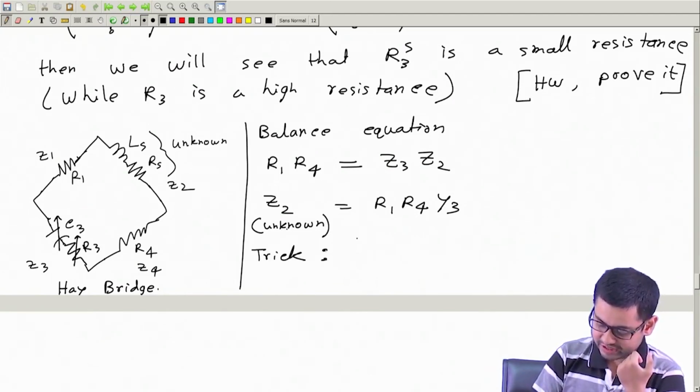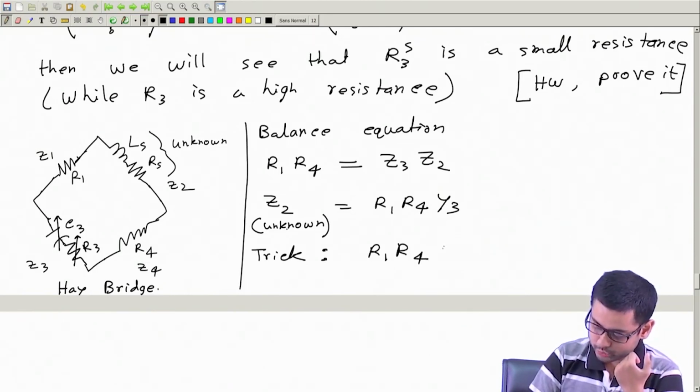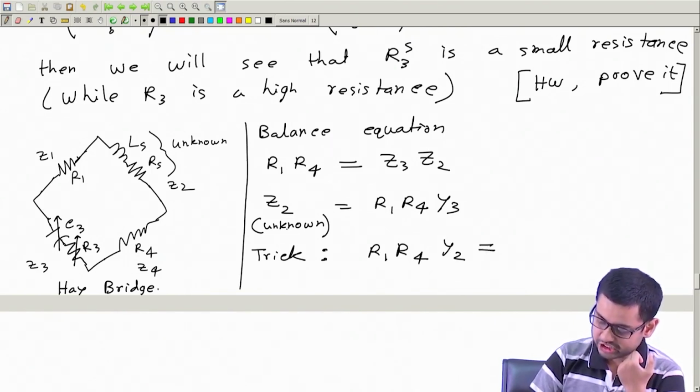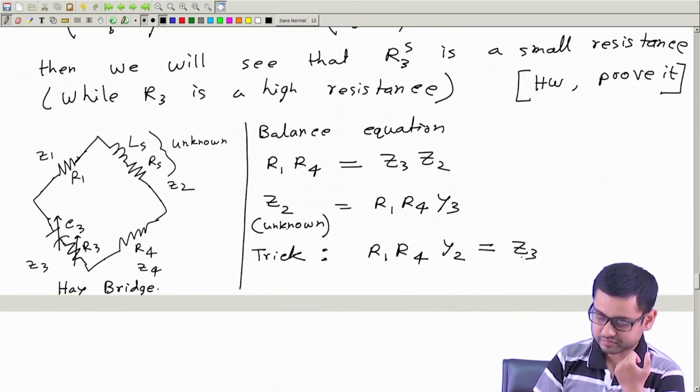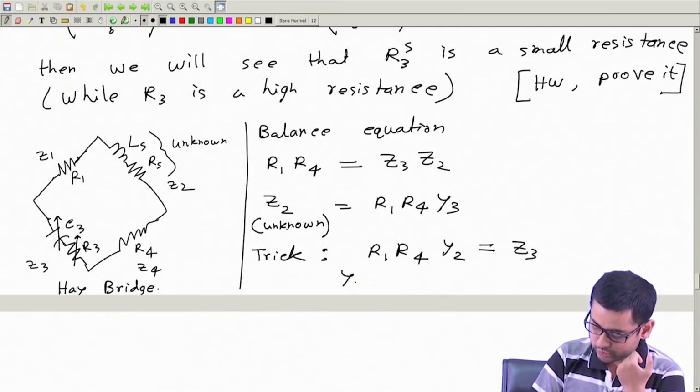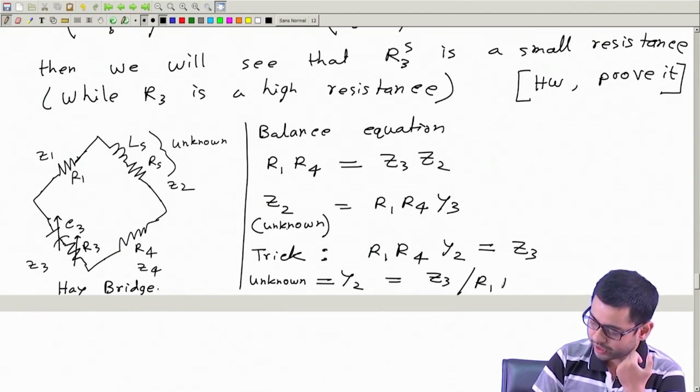The trick is, write this equation in this form, write it as R1 R4 multiplied by Y2 is equal to Z3, or you can write Y2, so this is the unknown, Y2 is equal to Z3 divided by R1 R4.